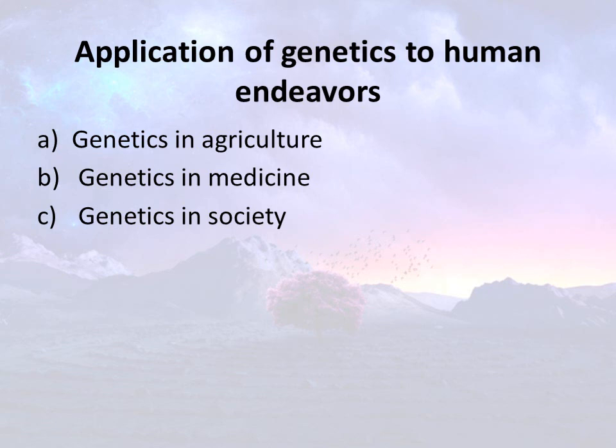Such analyses are now routinely used in many situations to test for paternity, to convict the guilty, and to identify the innocent or victims in a crime, that is, in the paternity test, and identifying the criminals from the crime scene. All this provides the legal role of genetics in the society.